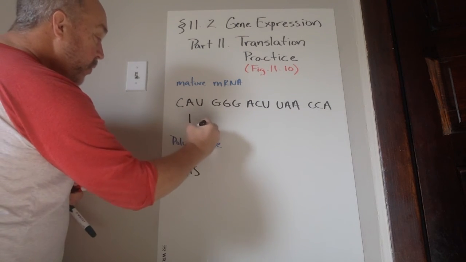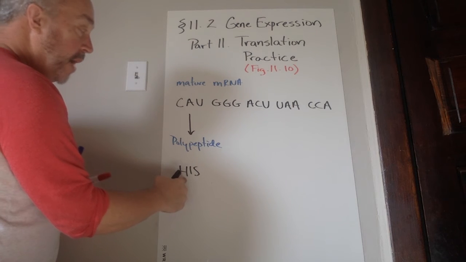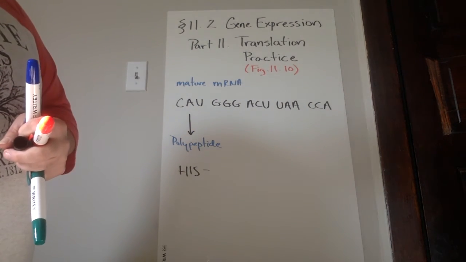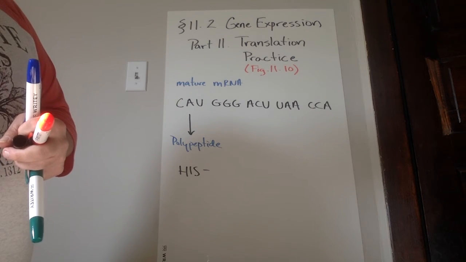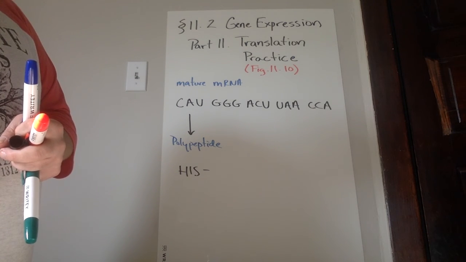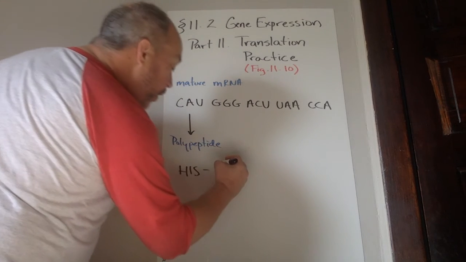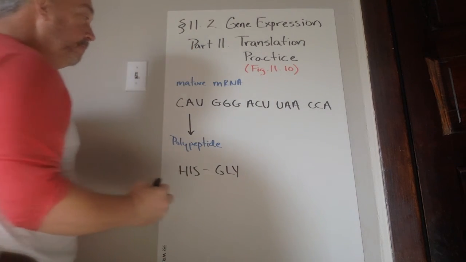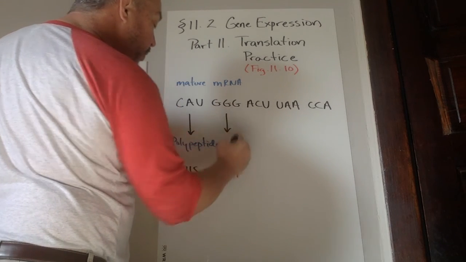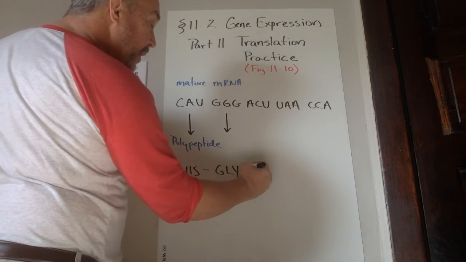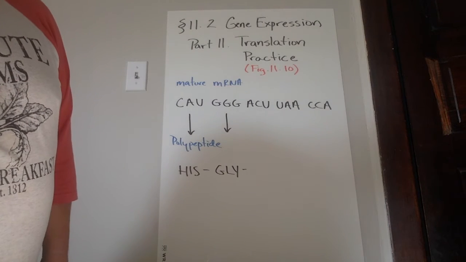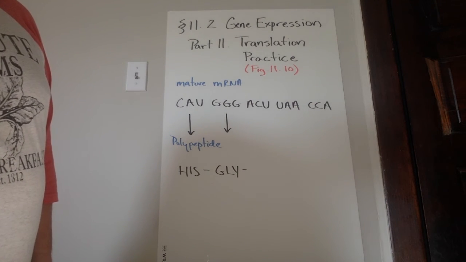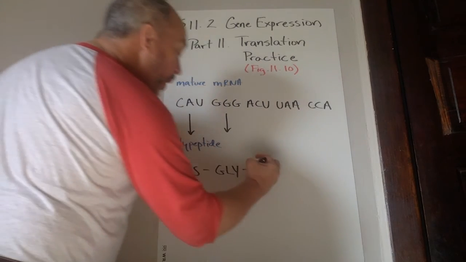So CAU will become the amino acid histidine. GGG, we're going to go where the row G and the column G intersect, and we see that GGG codes for glycine. So GGG will translate into the amino acid glycine. ACU will go to row A meets column C. We get threonine again.